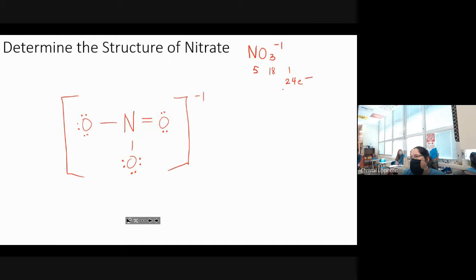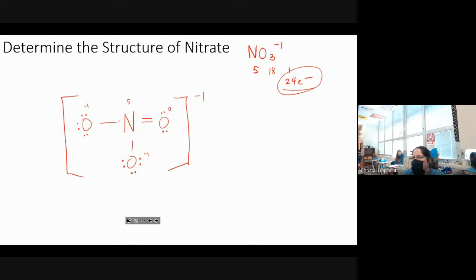And I'm still maintaining my 24 electrons because I had 5 from nitrogen, 18 from the oxygens, and this 1 extra here, giving me a total of 24. Then I want to check my formal charge. Formal charge on this guy is what? 6 minus 7 is -1. Formal charge on this is -1. Formal charge on this is 0.